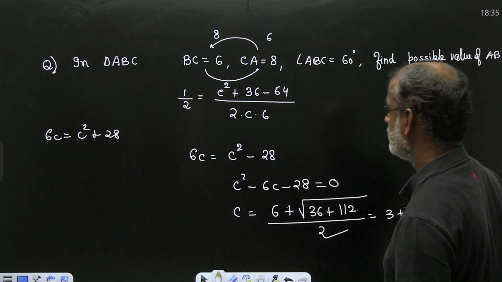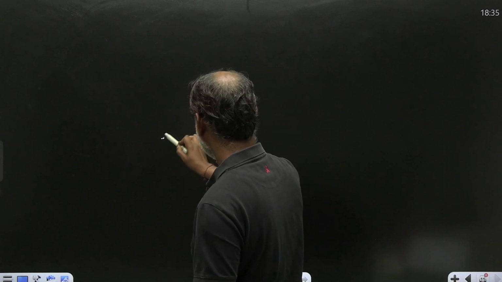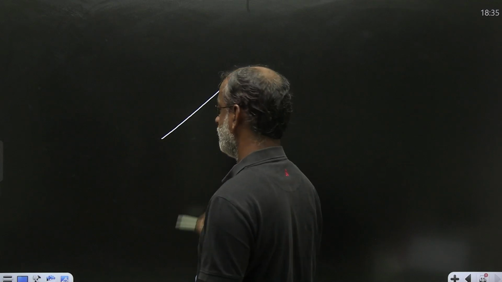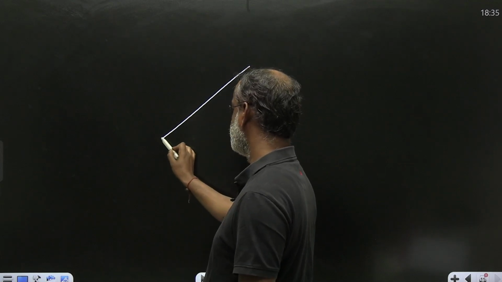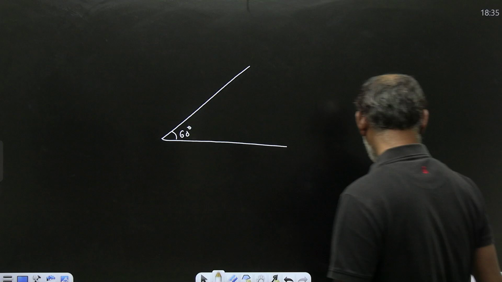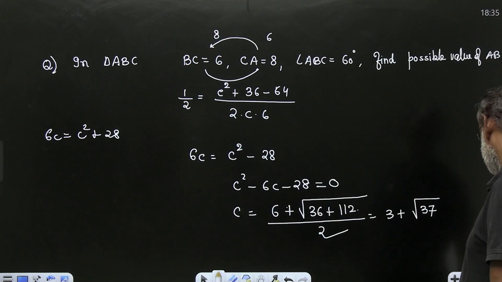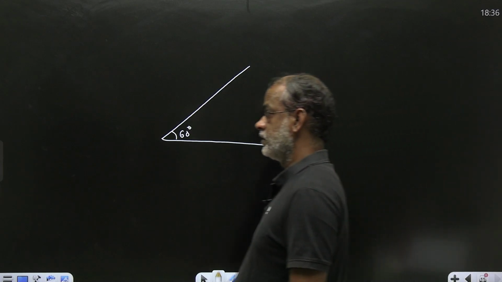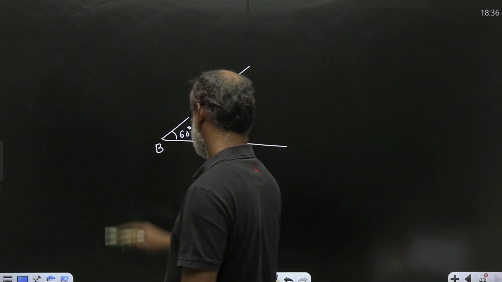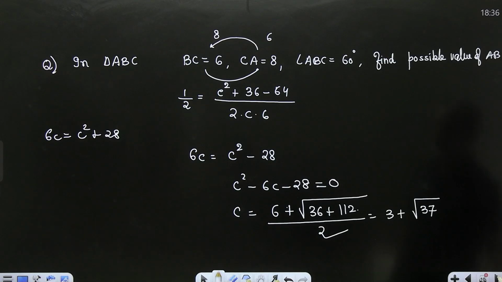Okay, the data can be appropriately taken. You can consider it like this. See, you are given a side, this angle is given to you as 60 degree. BC is 6, CA is 8.